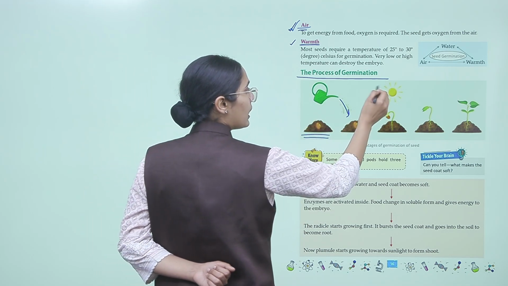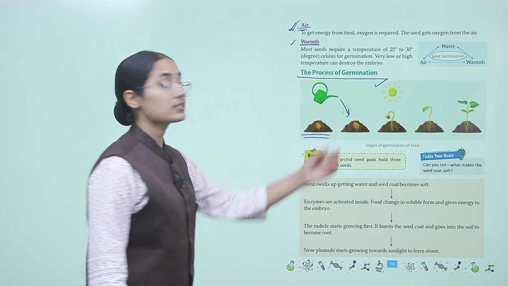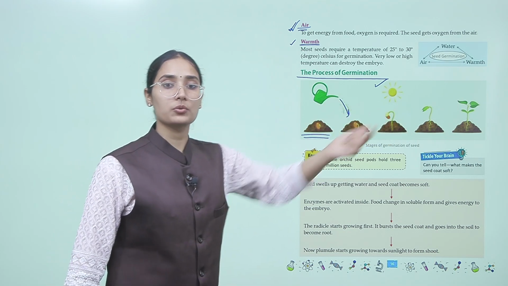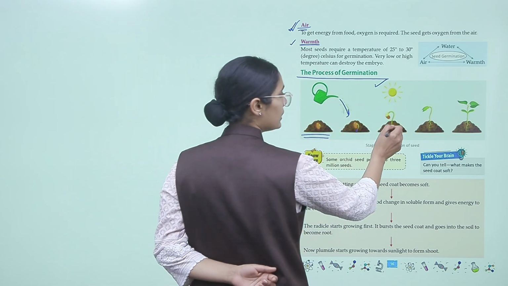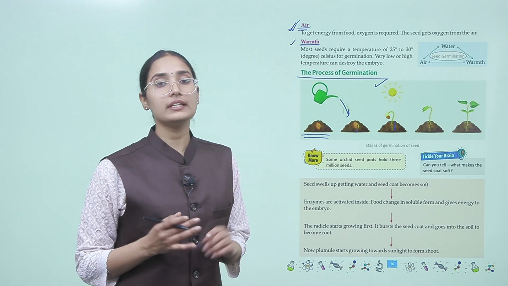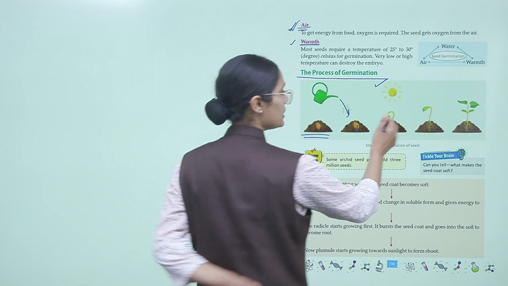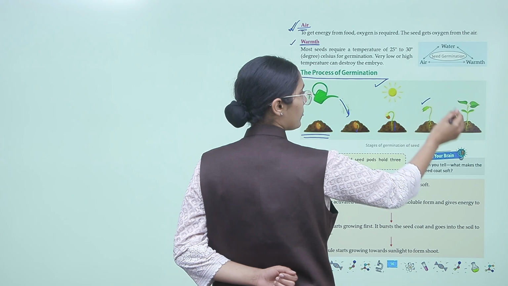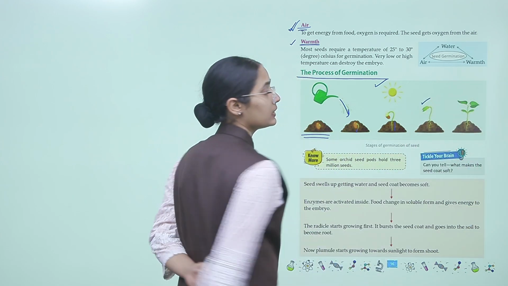Now, after it got what? The sunlight also, the warmth also, right? It started to grow. Grow into what? The first leaf came out slowly. Air is also present.